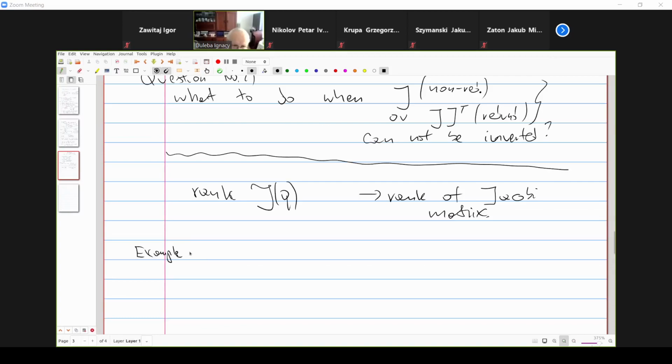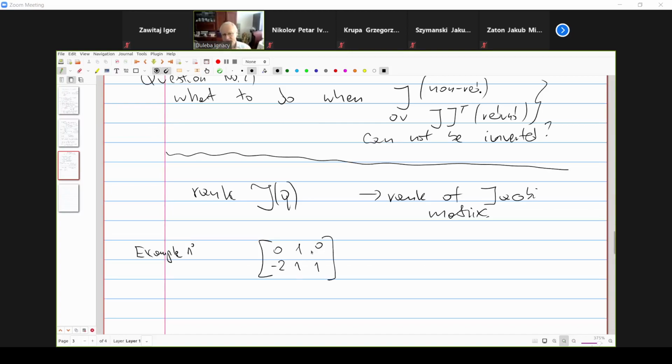Well, example number 1. We have a matrix. Let's calculate not depending on Q, but a matrix with some numerical data. Well, let's generate randomly, almost -2, 1. Okay.